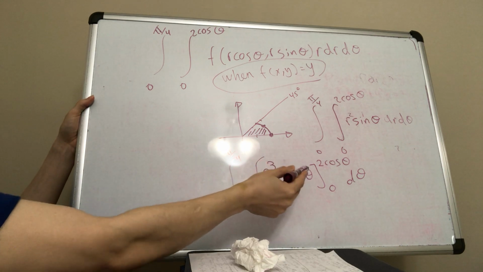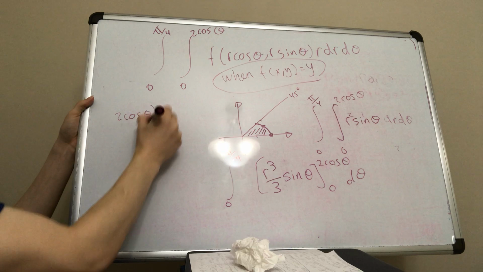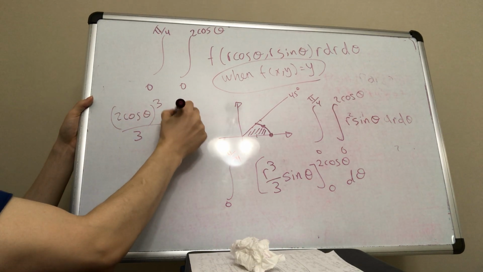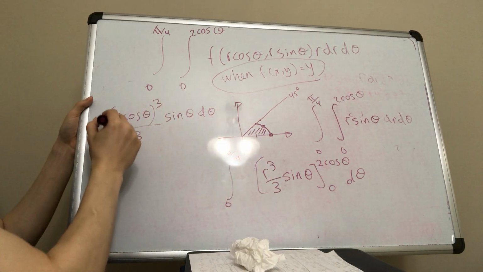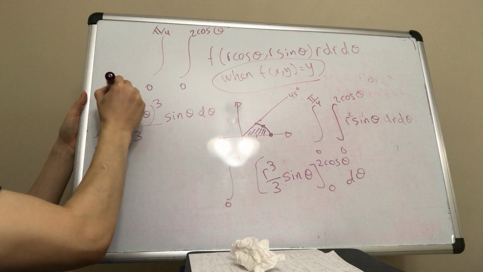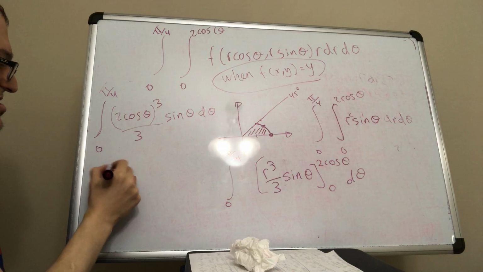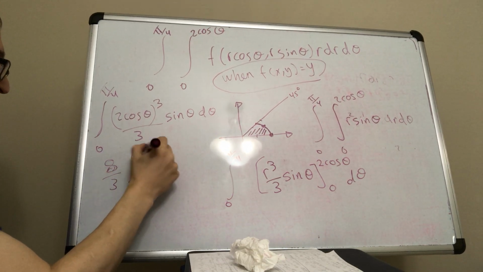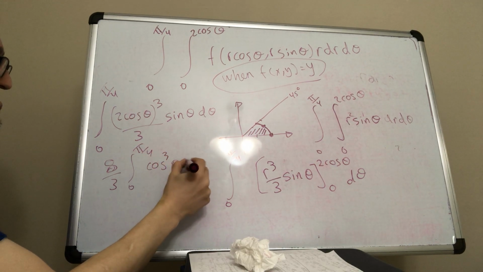In r you put 2 cosine theta, so it becomes (2 cosine theta) cubed over 3 sine theta minus 0 d theta, 0 to pi over 4. 2 cubed is 8, so I can put the constant 8 over 3 outside, and I have cosine cubed theta sine theta.